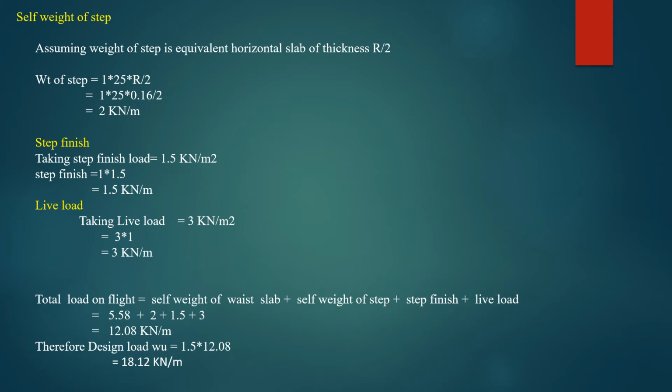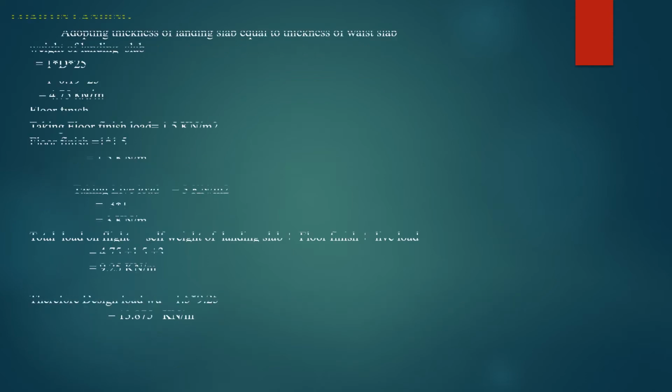The total we got is 12.08 kilonewton per meter. The load which we got is the working load, so we convert it into a design load. So we multiplied it with the partial safety factor of 1.5. So 1.5 into 12.08, we got 18.2 kilonewton per meter. Let's move to the next slide.